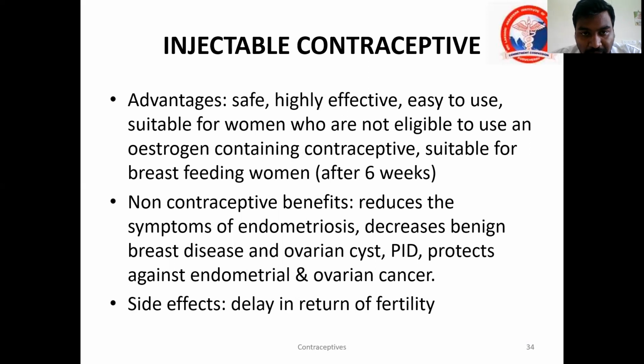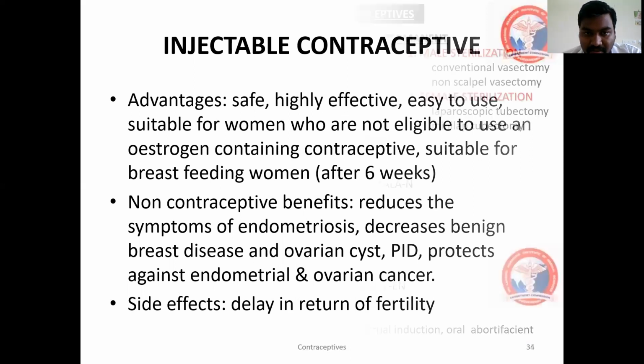But in this case, if the woman follows this method for 1 year, say 4 doses, there may be a delay of 3 to 4 months in return of fertility. If the patient wishes to have a second child, there might be a delay. That is an important side effect of Antara.